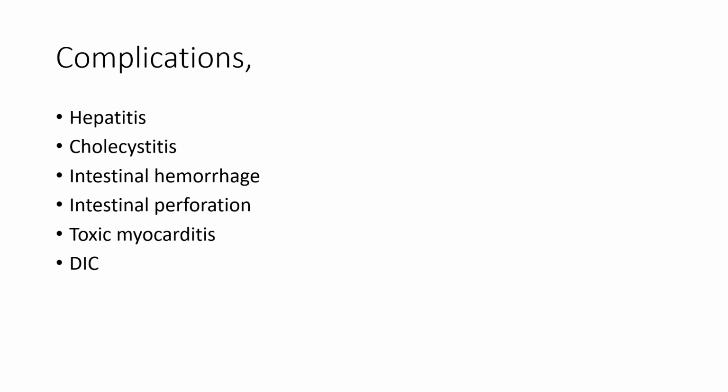So in untreated typhoid fever or improper treatment of typhoid fever, the common complications are hepatitis and cholecystitis. Less common complications are intestinal hemorrhage, intestinal perforation, toxic myocarditis, DIC, and other complications which are not mentioned here, such as CNS complications, where the patient can present with psychosis or meningitis.